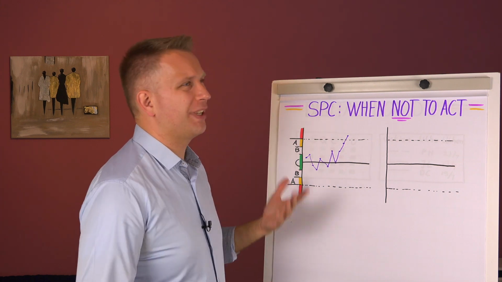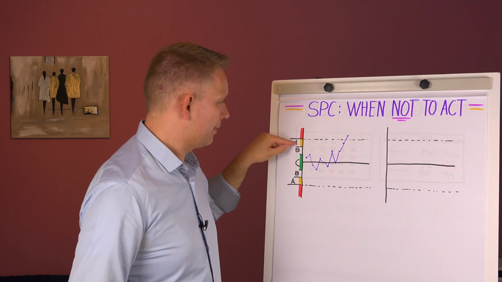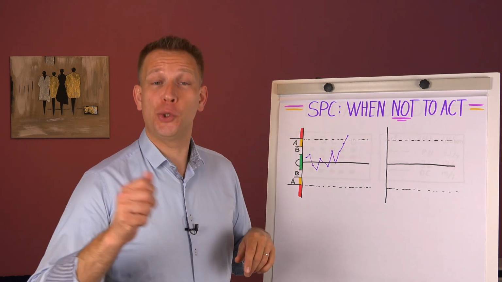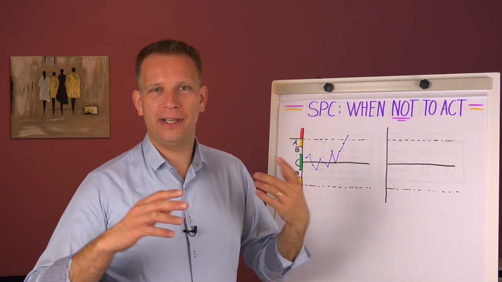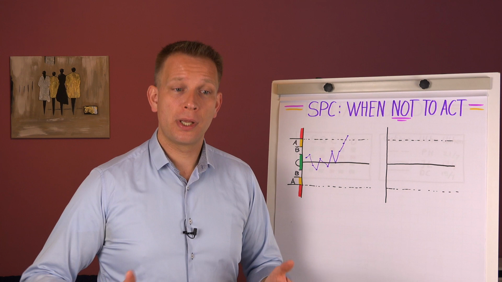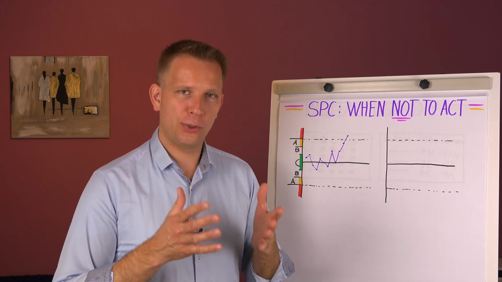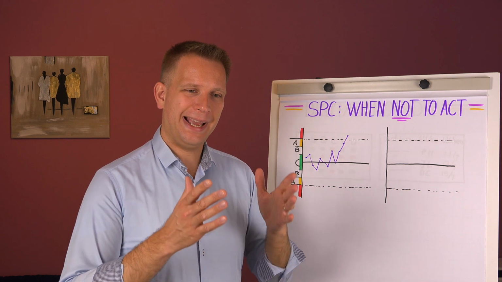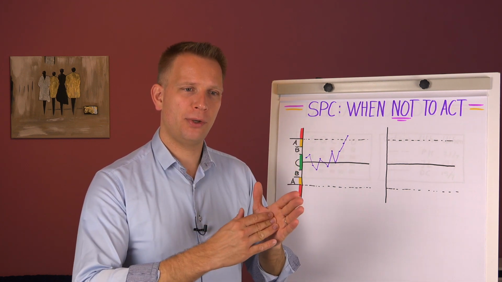And there are these rules that say, if 2 out of 3 points are in that A area, you also investigate. If it is 4 out of 5 in the B area, if it's 9 in the C. So there are some extra rules. All of those rules, what they basically do is they look at a normal distribution, and based on what they see, they make a judgment call.